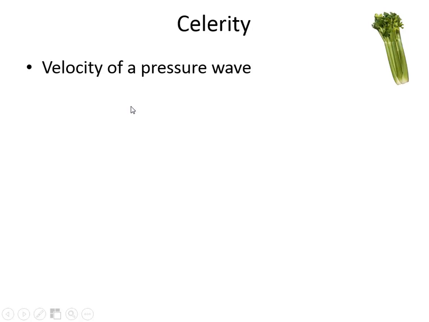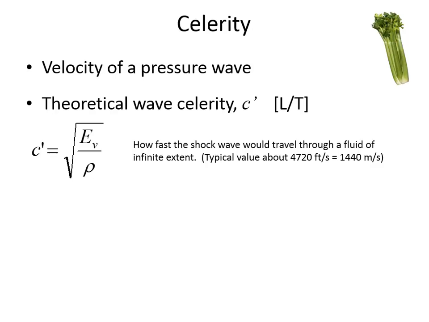The other thing, the celerity, the speed of the water, is governed by the size of the conduit that the shock wave is traveling through. If it's in infinite space, the water shock wave travels at a different speed than if it's enclosed in a pipe. There's the theoretical celerity, which is a function of the density of the fluid and the bulk modulus of elasticity.